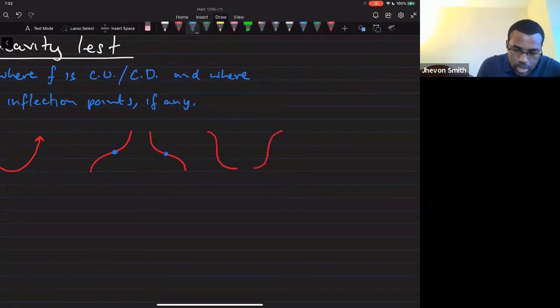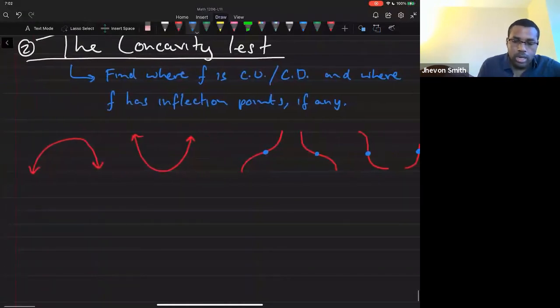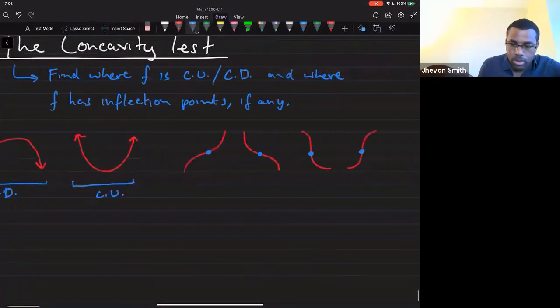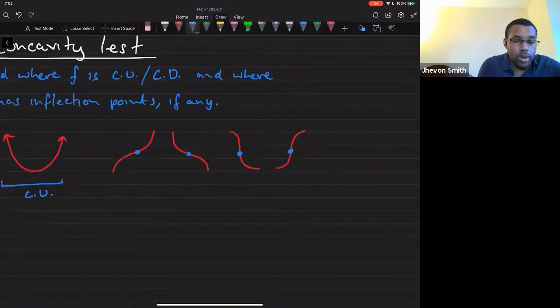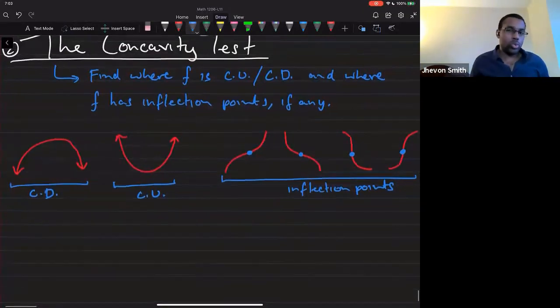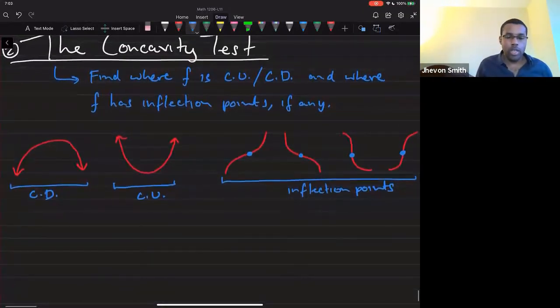It identifies these points and this behavior: concave down or concave up. And all of these are just various inflection points. So you want to find where those points occur, where we switch concavity.